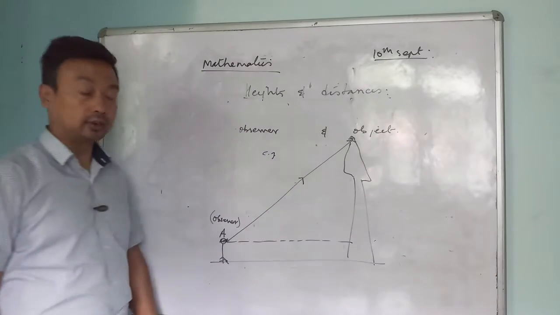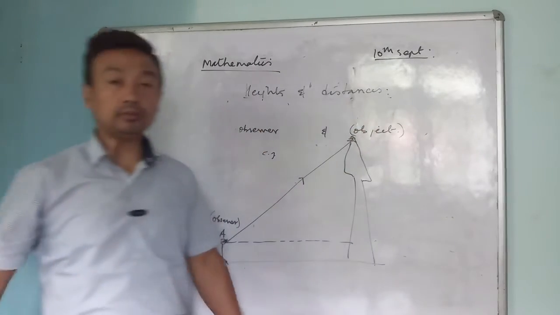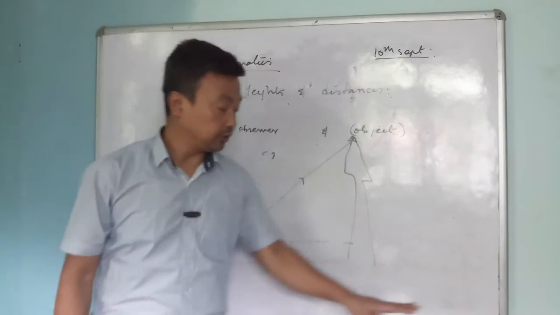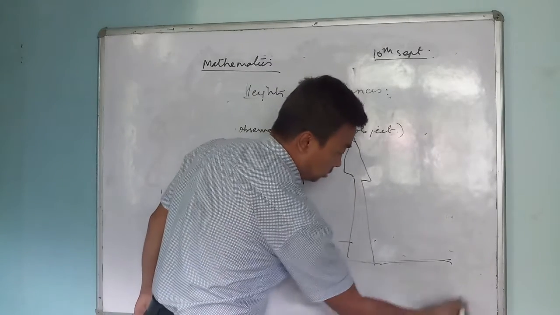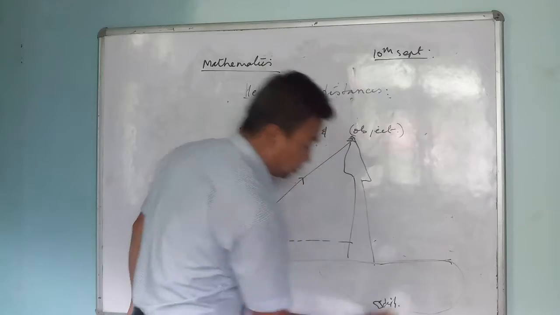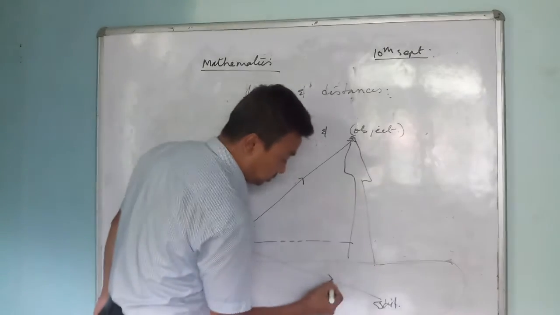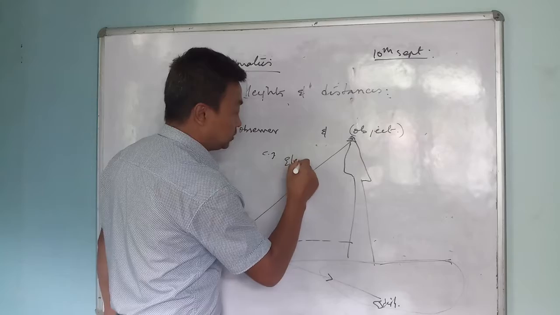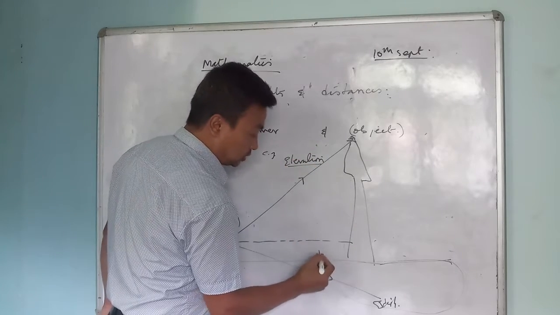Suppose this is the horizontal line, this is the observer, and this is your object. For example, this is a lake or a pond, and below the water you see a fish. Then you are observing down. When you are observing up, it is elevation. When you are observing down, it is depression.